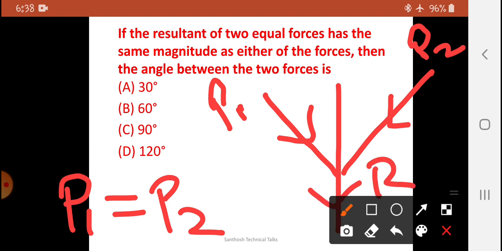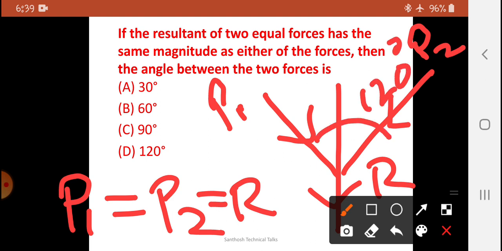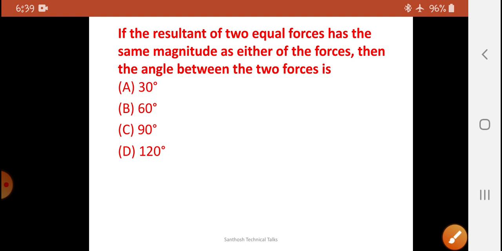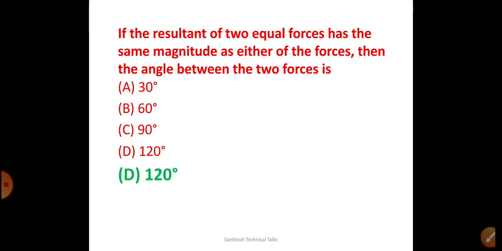Let me say it is R, which is equal to P. Then the angle between these two forces is 120 degrees, and only then are all three forces equal. So here they are indirectly talking about Lami's theorem. When three forces are equal and at equal angles, only then will the system be in an equilibrium condition. So the angle between the two forces is 120 degrees.